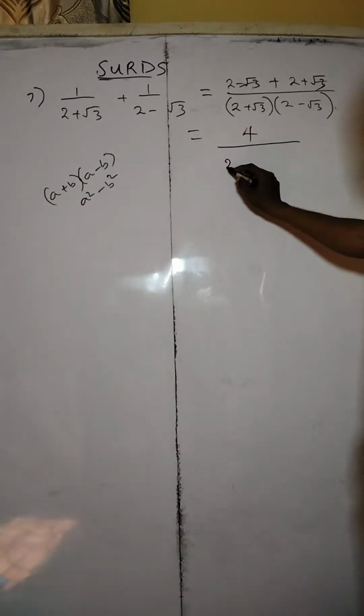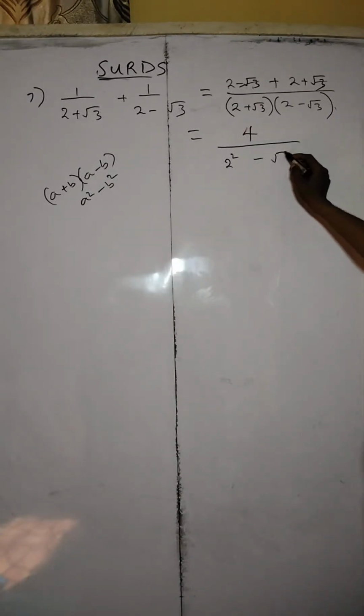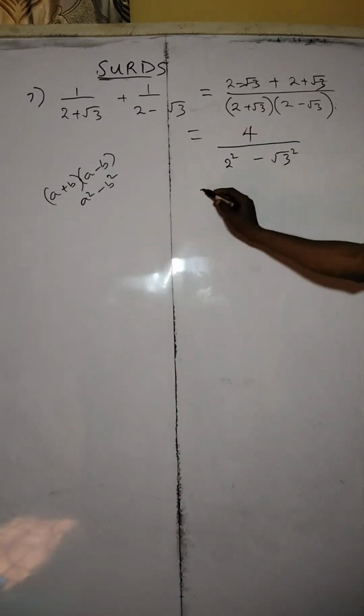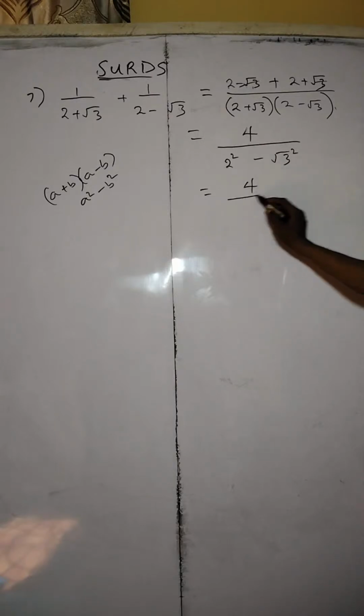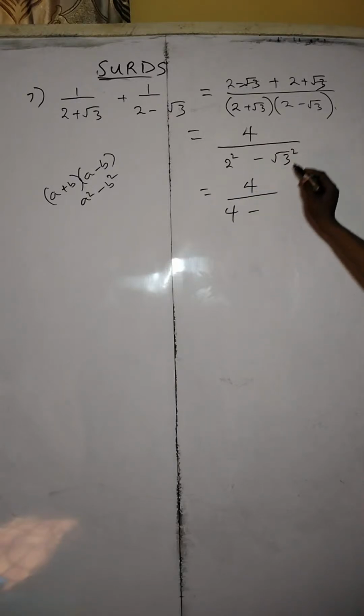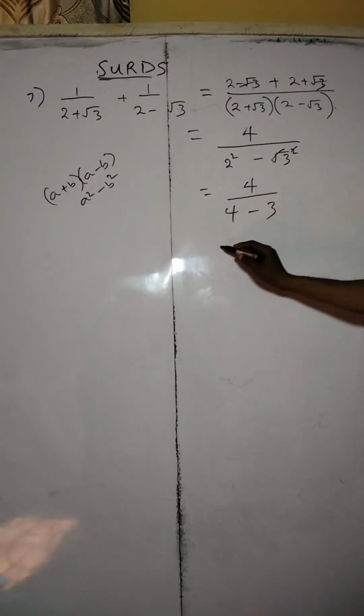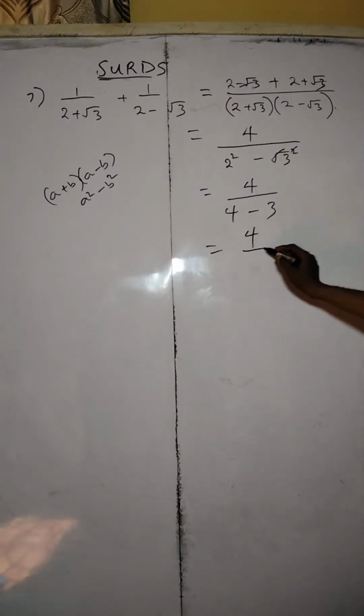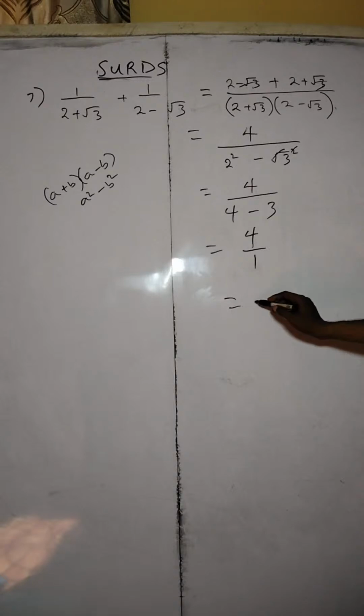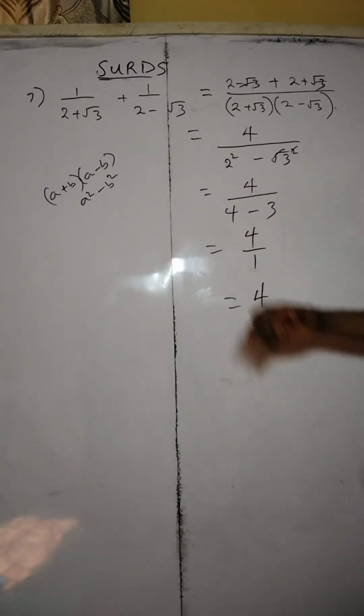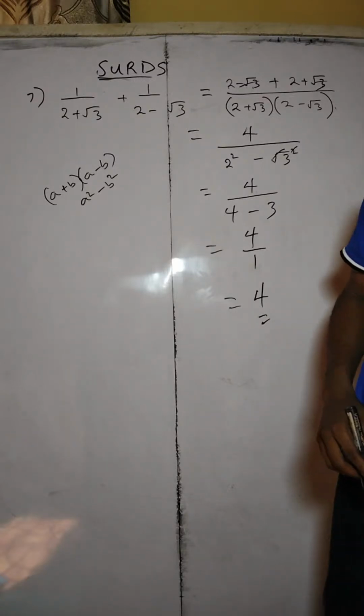So here we can say this is 2 squared minus root 3 squared. That is, here we have 4 over 2 squared, that's 4, minus root 3 squared, that's 3. So here we have 4 over 4 minus 3, that's 1. So the simple answer here is therefore 4. So that's the solution to this particular problem.